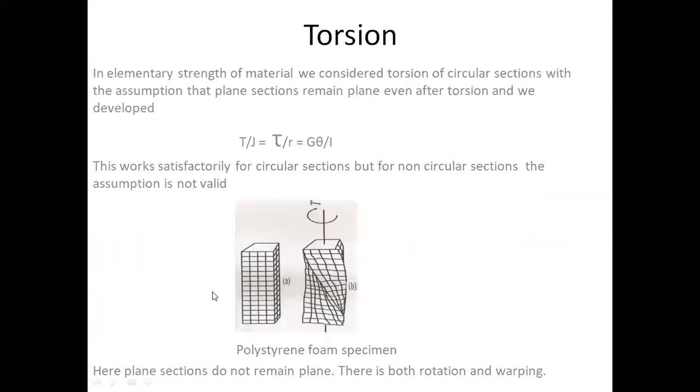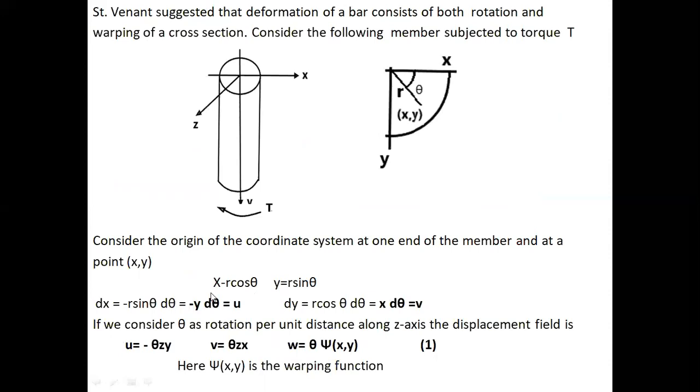What we said is, if we take a bar subjected to torsion, subjected to torque, then we have got the strain field given like this: u is equal to minus theta zy, v is equal to theta zx, and w is equal to theta psi xy, where psi is the warping function.